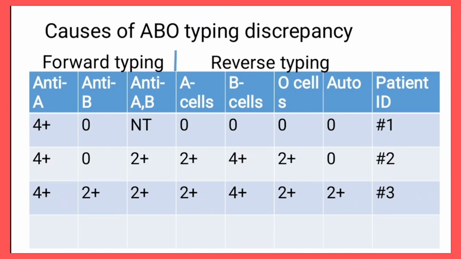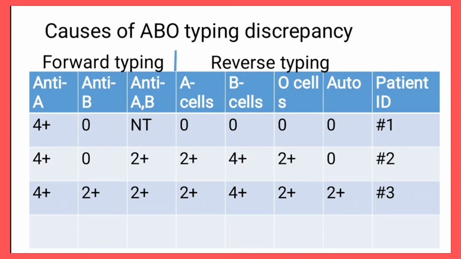What it technically means is that, when we look at the forward group, we are measuring the antigens on the red blood cells. And when we look at the reverse grouping or typing, we are measuring the antibody in the plasma. And don't forget that the antigens are found on the cells and the antibodies are mainly found in the plasma or serum, okay?